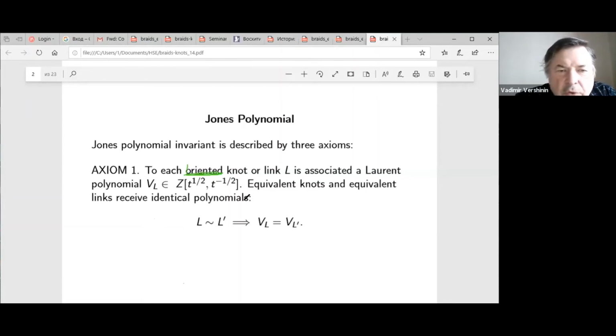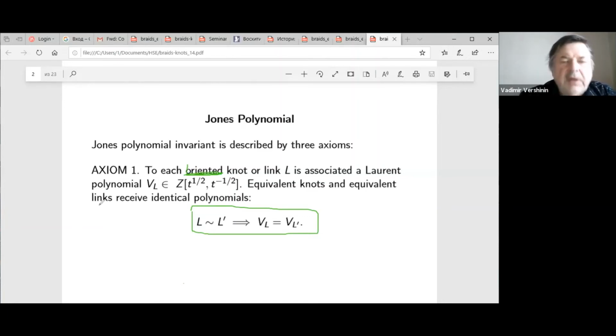Okay, so the first axiom is simply saying that this is a link invariant. If our links are equivalent, say by Reidemeister moves, isotopy, homeomorphism of the ambient space, then the Jones polynomial is the same.